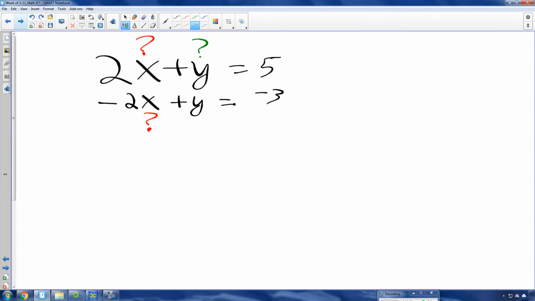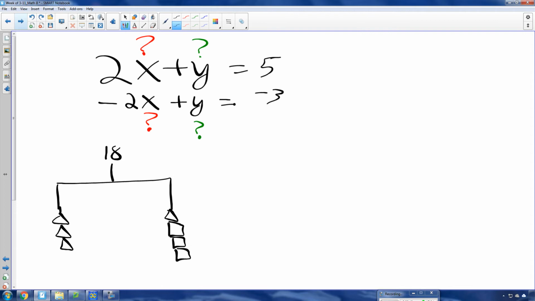Now, maybe in my class, you've been doing something like this. You did this thing with these mobiles, and they kind of look like this. You had a bunch of triangles here, and then a triangle here and a couple of squares, and we knew that it was equal to, let's say, 18. There are two different things we don't know: the triangle, which is all these guys, and also the square.